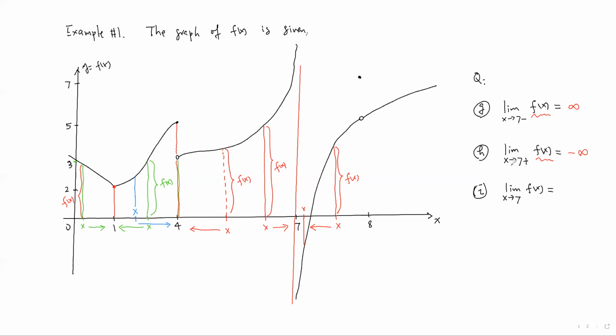When we let x approach 7 from the right, the function approaches negative infinity. Two different limits. Therefore, this both sided limit doesn't exist. DNE.